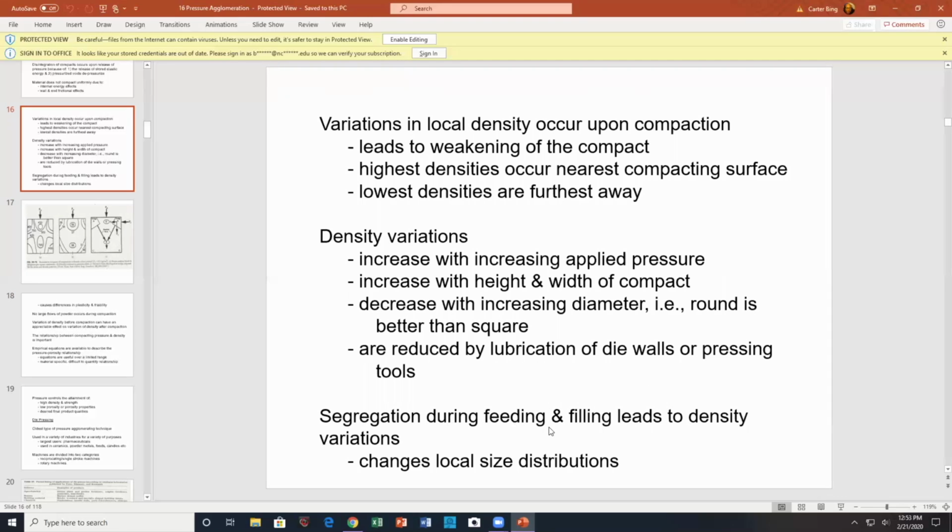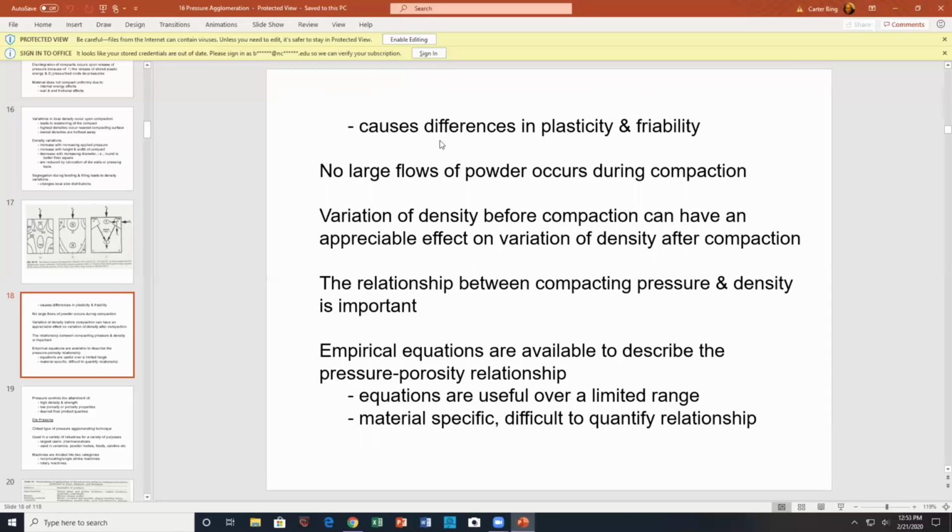Segregation during feeding and filling leads to density variations, causes differences in plasticity and friability. No large flows of powder occur during compaction. Variation of density before compaction can have an appreciable effect on the variation of density after compaction.